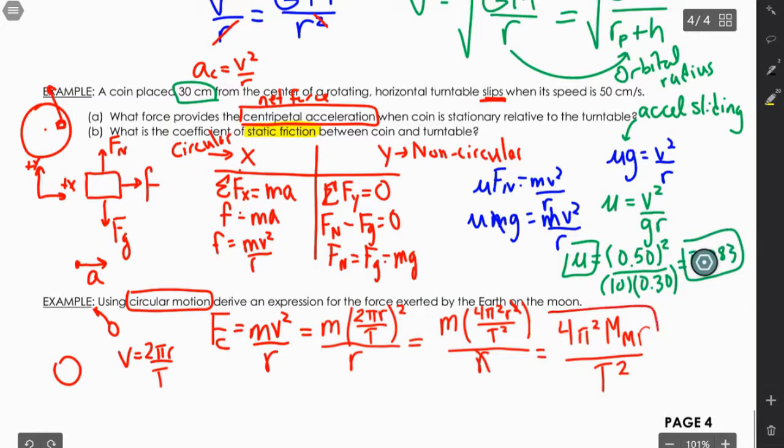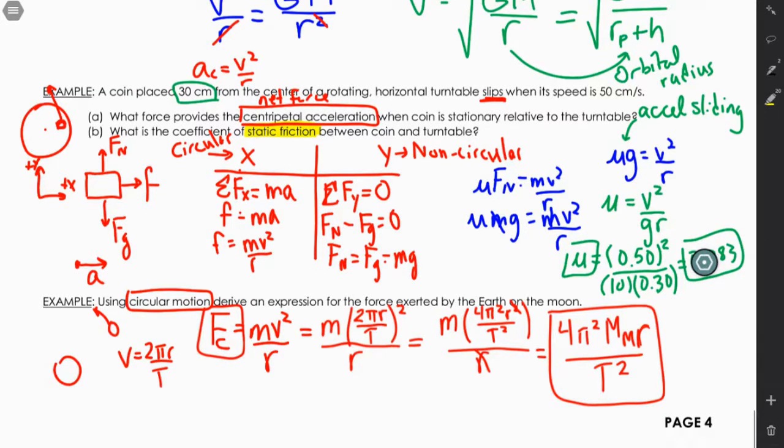What they can do in the problem is give you the mass of the moon, how long it takes, and how far the moon is away, and then you can calculate the force that the moon experiences. We can also go back and compare it to the G m1 m2 over r squared version, because they said to use circular motion to find this expression.